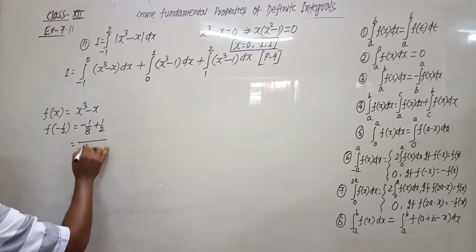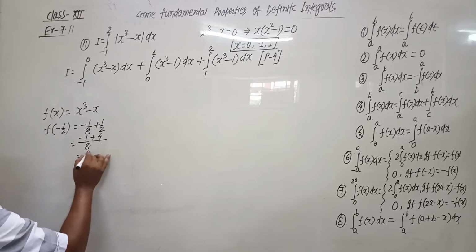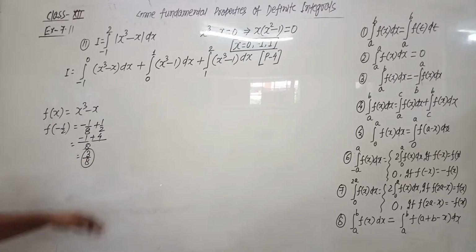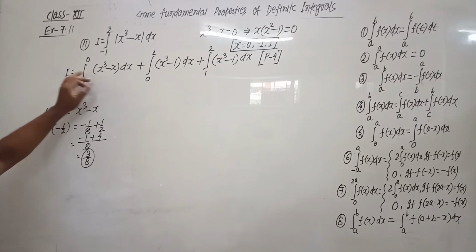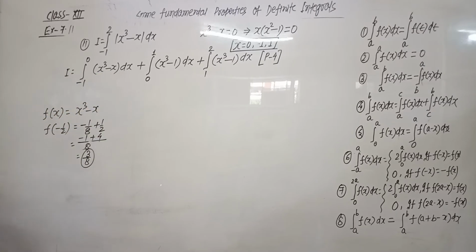By taking LCM 8, we get -1 + 4, which gives a positive value, 3/8. It means its sign would be positive.